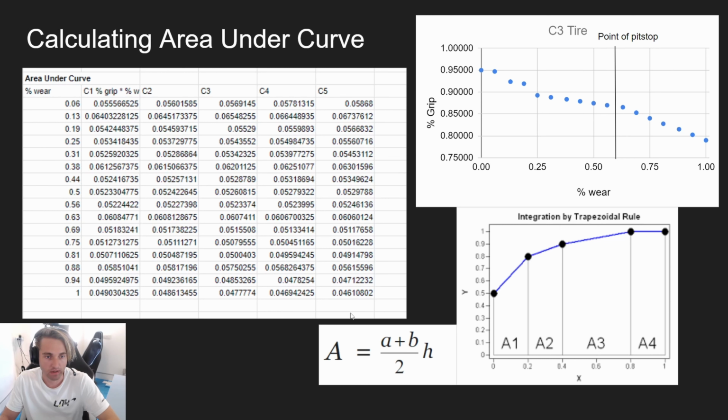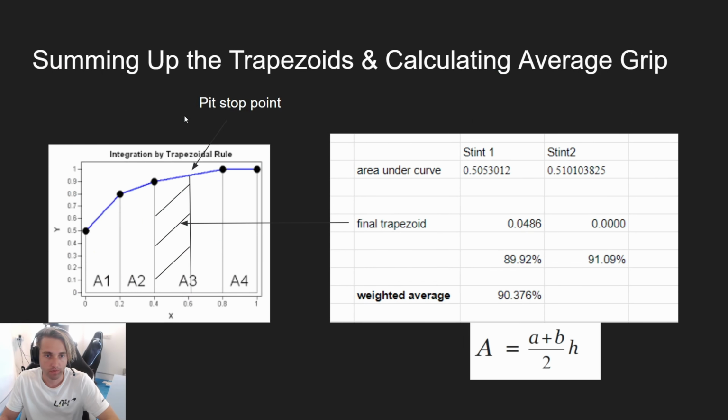So we have that, and we have this chart here. The next thing you do is sum up all the trapezoids that you get. So let's say you were pitting at like 60, in this case let's say 61%. It's pretty easy to sum up the trapezoids between 0 and 20, 20 and 40. We just have to do something different for this partial trapezoid.